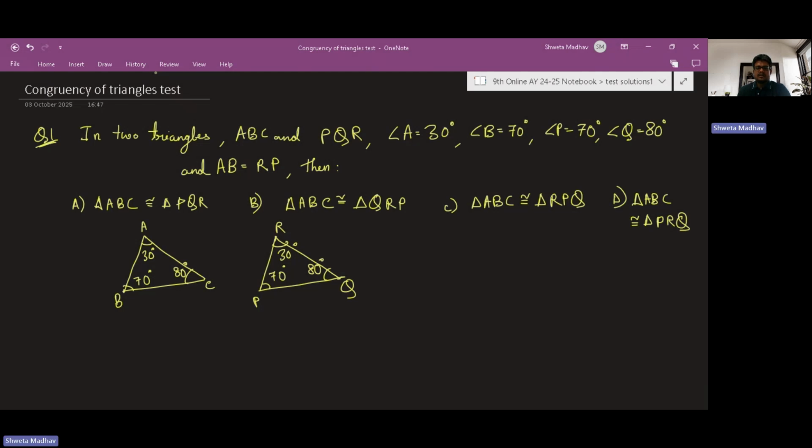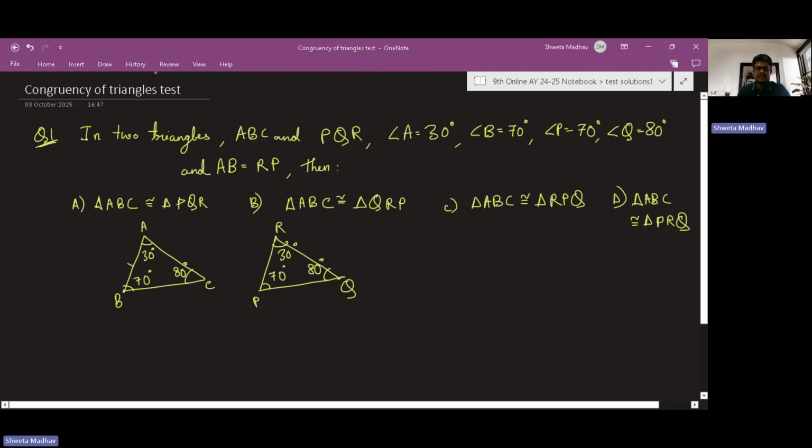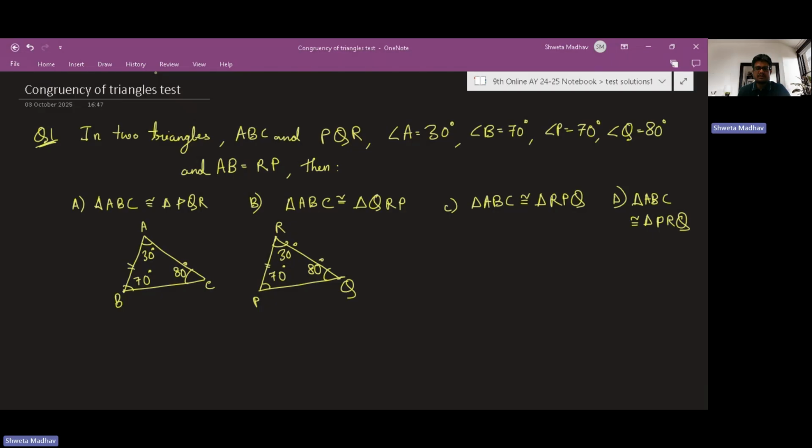So here we can see, and it is also given, that AB is equal to RP. These two angles are equal, and this side, the included side, is also equal.